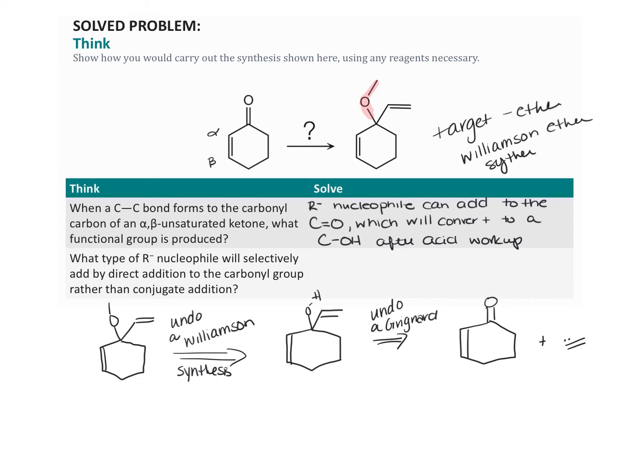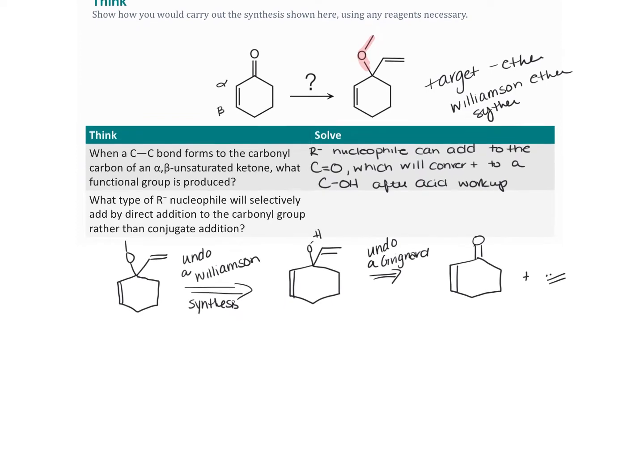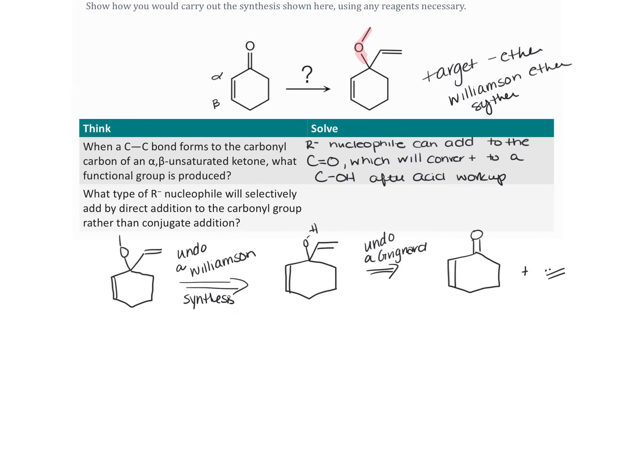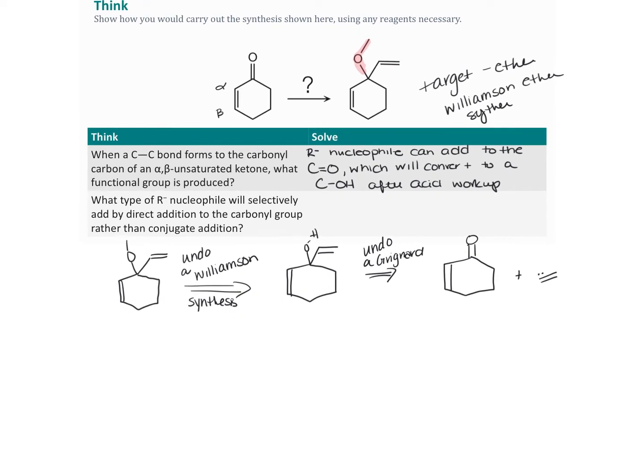So when we look at this, right? And so I didn't say much about how we're going to add the carbon-carbon bond, but I find that a Grignard a lot of times is my go-to, okay?